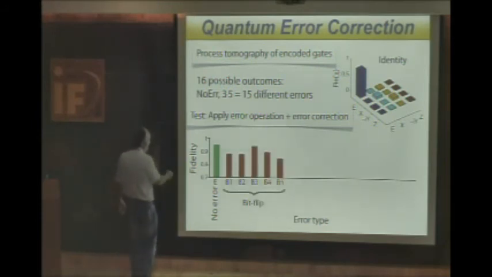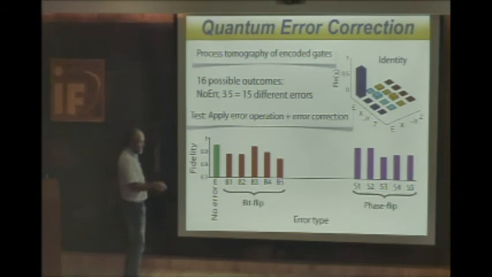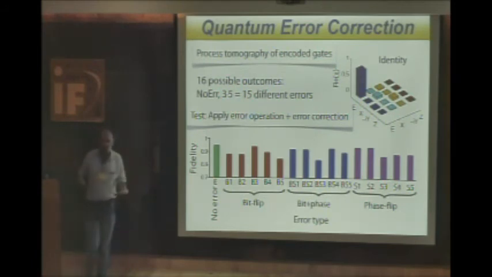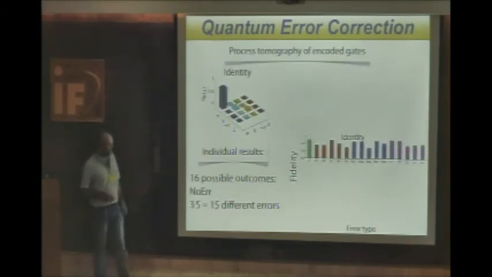And then you measure the fidelity for each possible error condition, which would be no error, a bit flip, or a phase flip, or a combination of bit flip and phase flip. So these are the 16 possible error conditions. And you see we get fidelities on the order of 90%, which is of course much better than what you expect without error correction, but it's not yet the threshold that you need to reach for scalable quantum error correction.